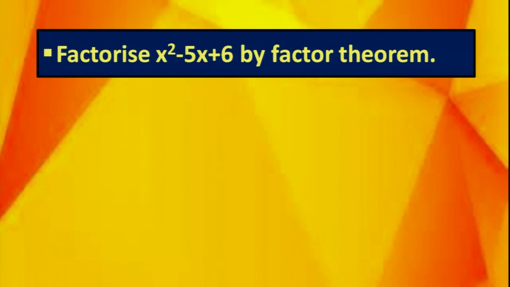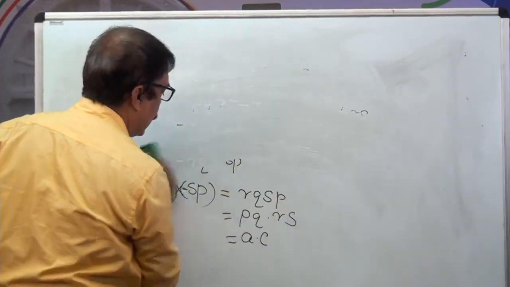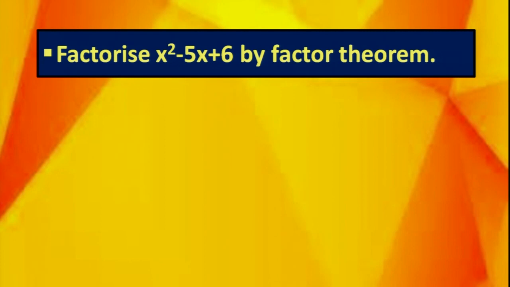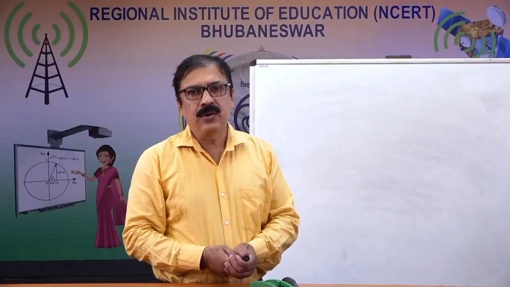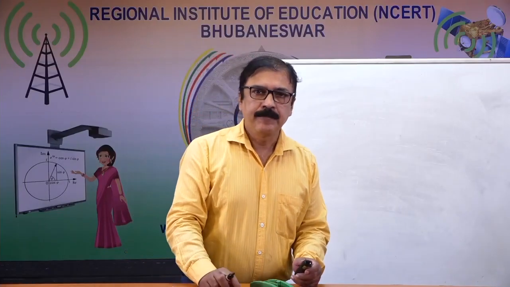Now here, factorize x square minus 5x plus 6 by factor theorem. How to factorize it? Let's see. We know that if a is a real number and p(a) is 0, then x minus a is a factor.